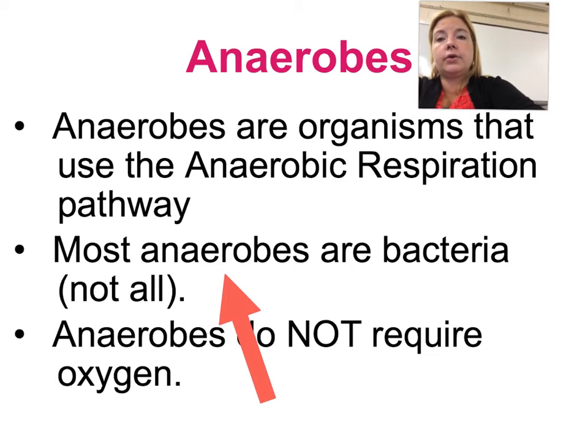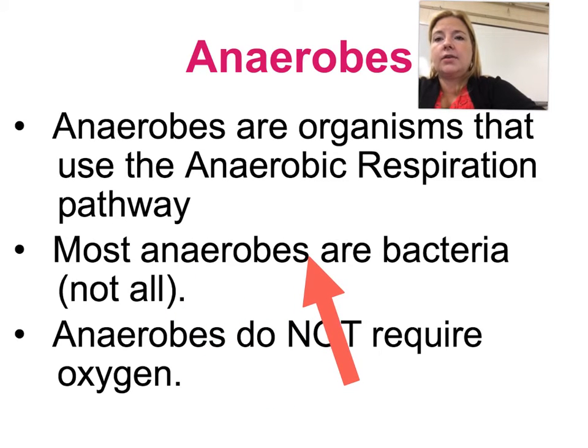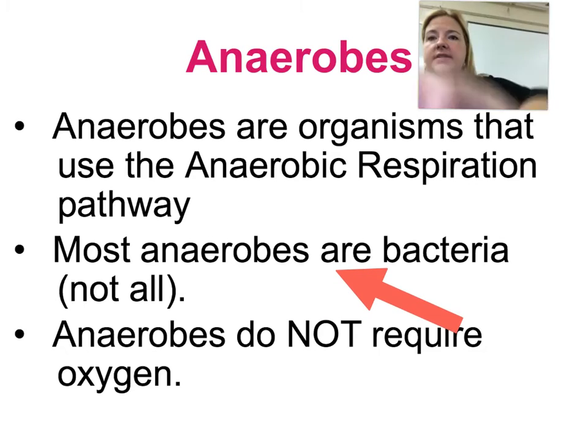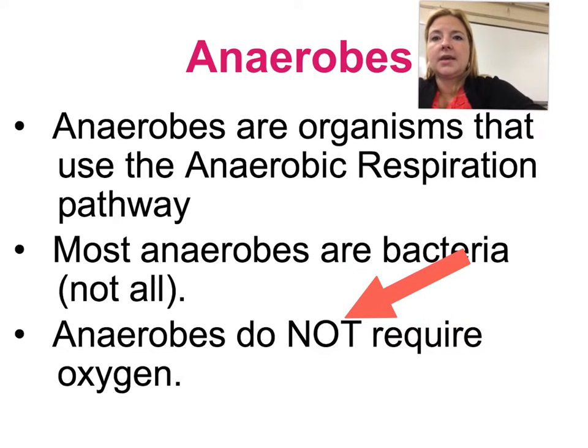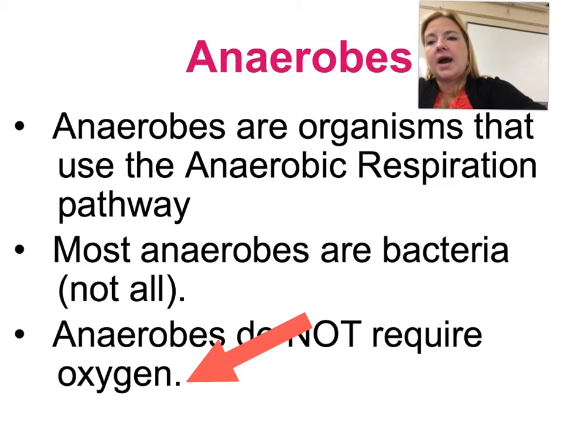There are anaerobic processes that are done by other organisms. And with anaerobic respiration, we see respiration as needing the material of oxygen as a reactant. But when an organism does anaerobic respiration, it does not require oxygen. So that's anaerobic respiration. It does not require oxygen as a reactant.